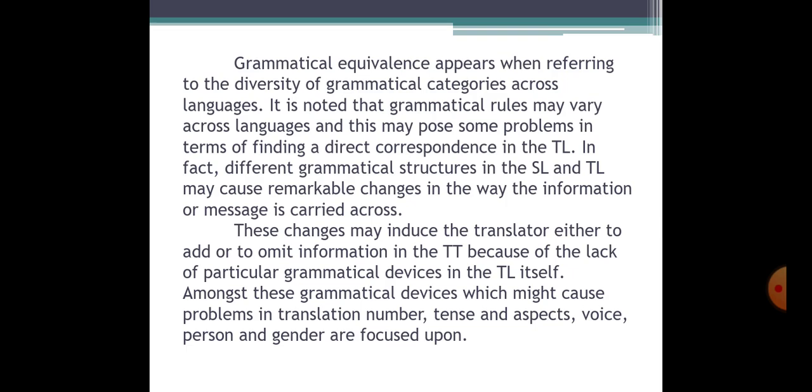These changes may include the translator either to add or to omit information in the target text because of the lack of particular grammatical devices in the target language itself. Amongst these grammatical devices, which might cause problems in translation, number, tense and aspects, voice, person, and gender are focused upon.